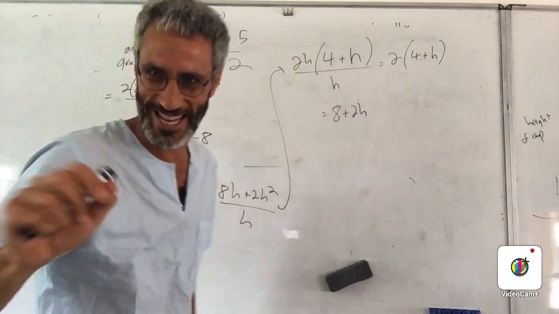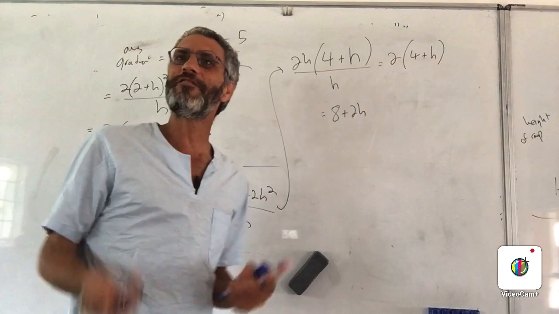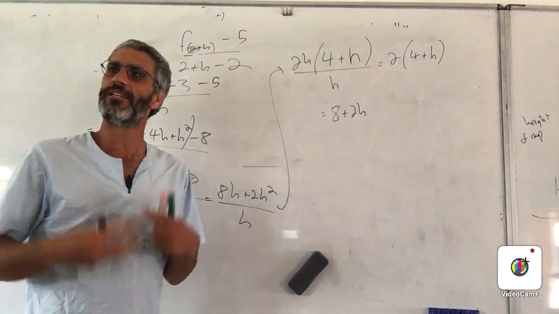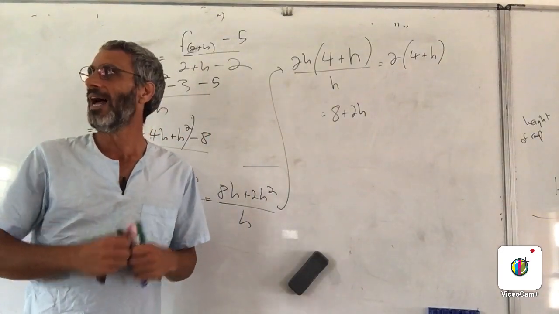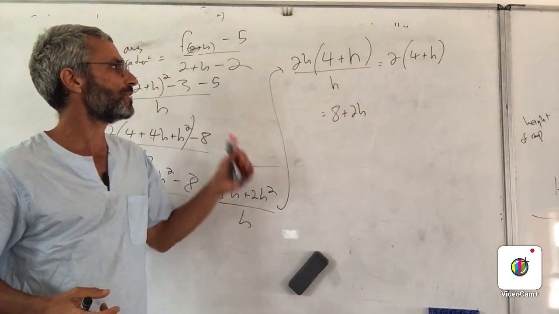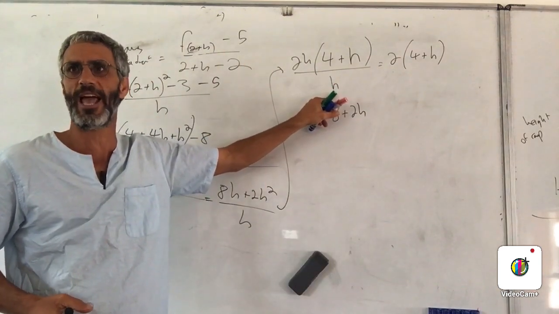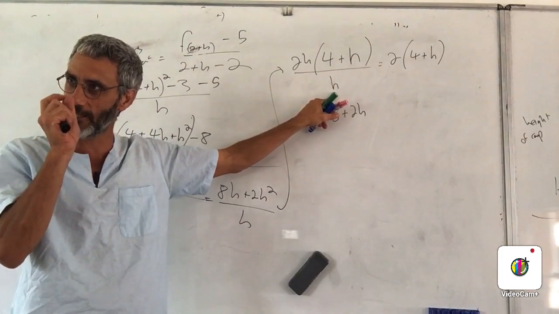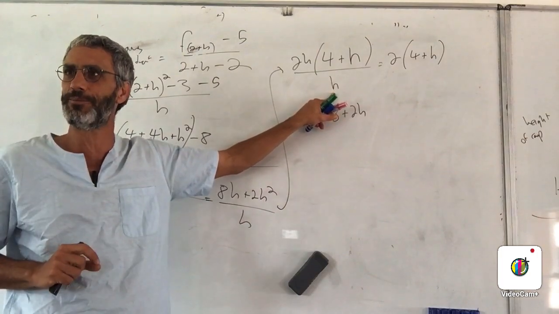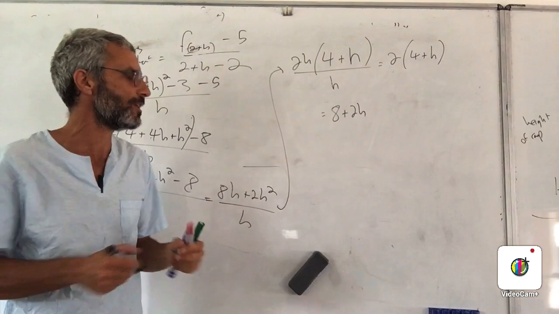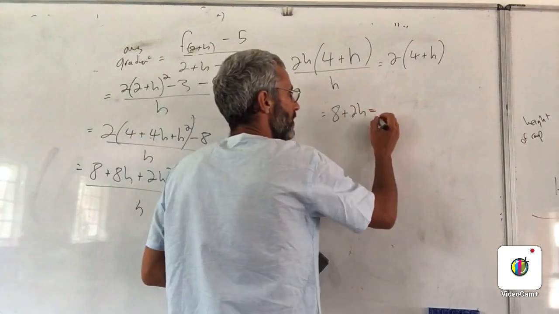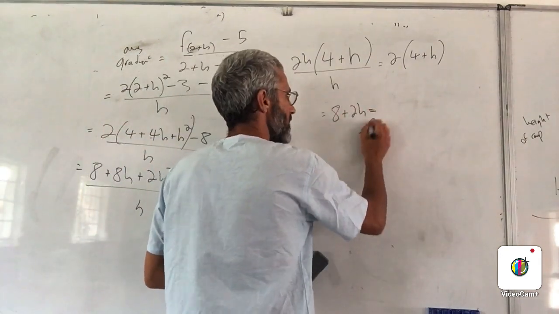Okay, let's just pause here. After I subbed everything, always cancel that h in the bottom. We have to cancel that h at the bottom because h is a tiny little number. We can't have a tiny number at the bottom. So after we cancel it, what do we have to remember? Unfortunately I erased it.